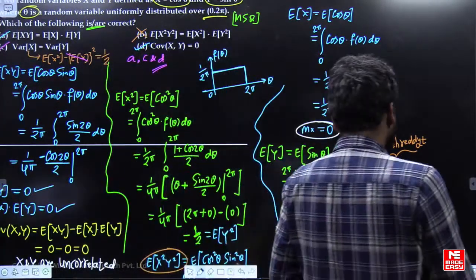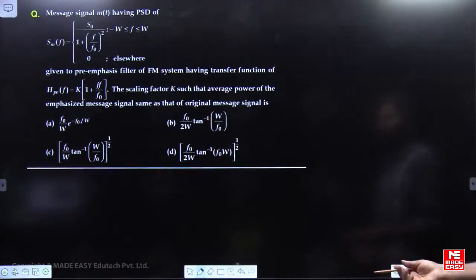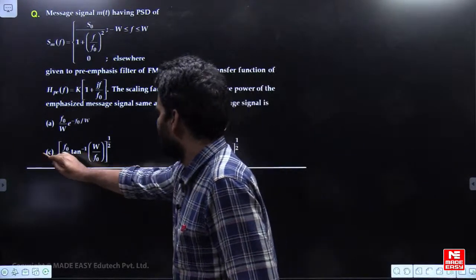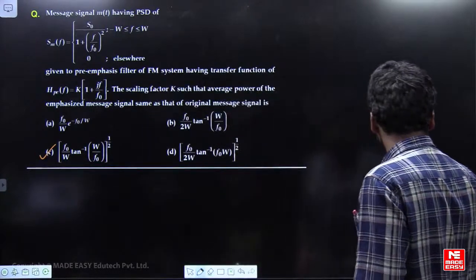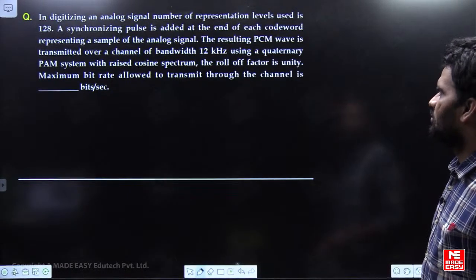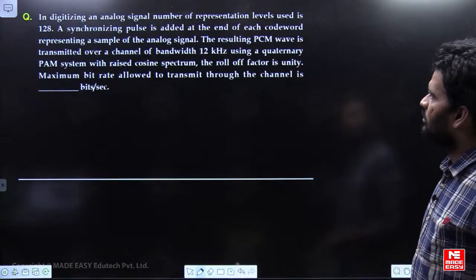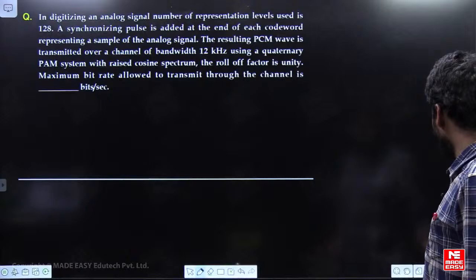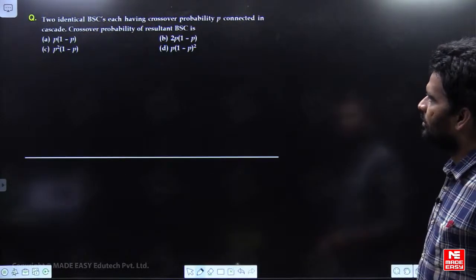If you want to take the screenshots for the next questions, you can take. This is one question. You can try these questions if you want to. The answer for this is this, I think, and you can check. You can try this question. I have not remembered the answer, you can check.